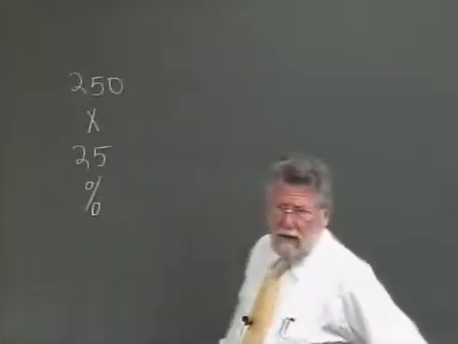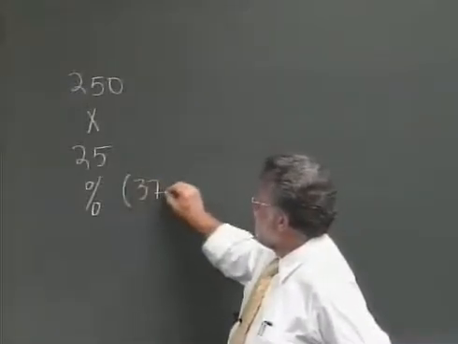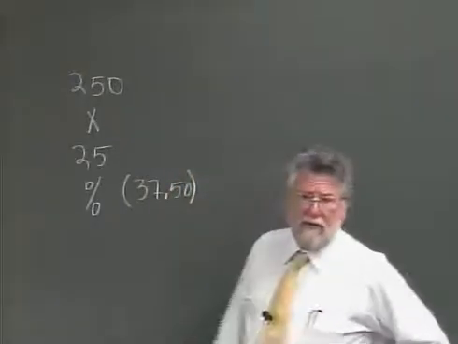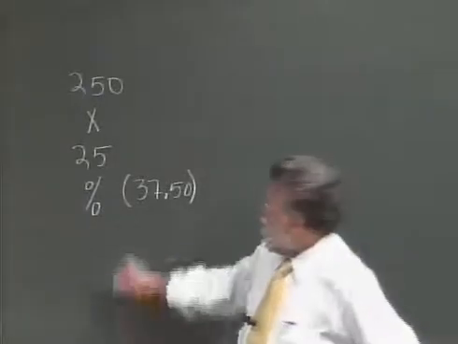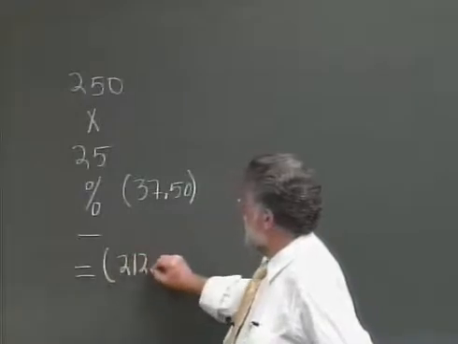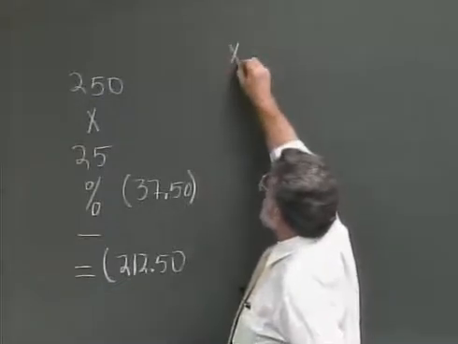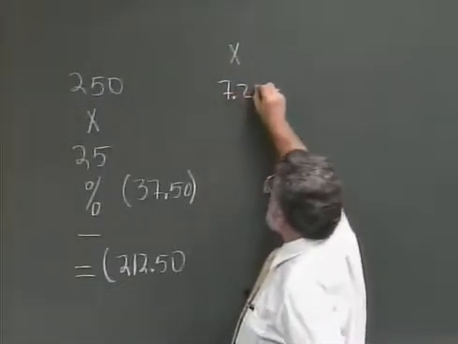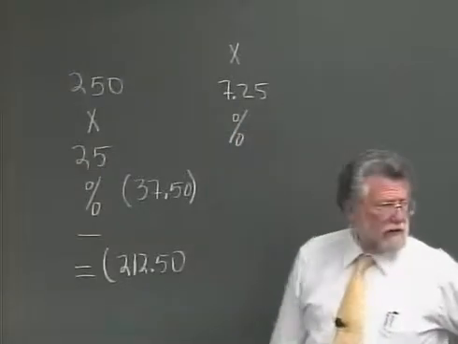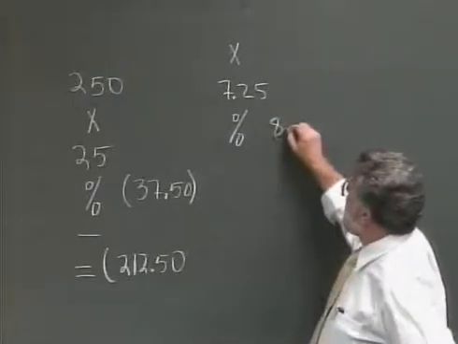And at that time, I think you saw 37.50. Do we agree? Yes, 37.50. Then you hit a minus key, an equal, and you should have seen 212.50. Then you hit times, you hit 7.25, hit your percent key. What do you get? $8.50 or $8.51?